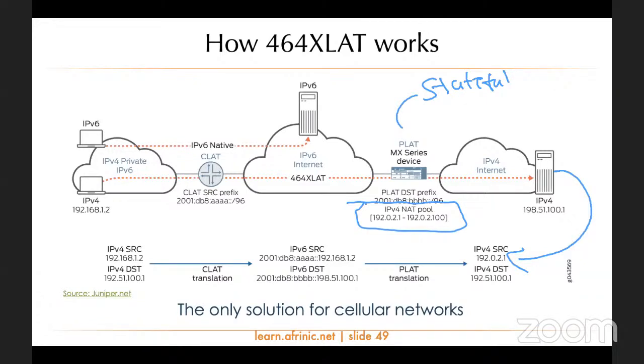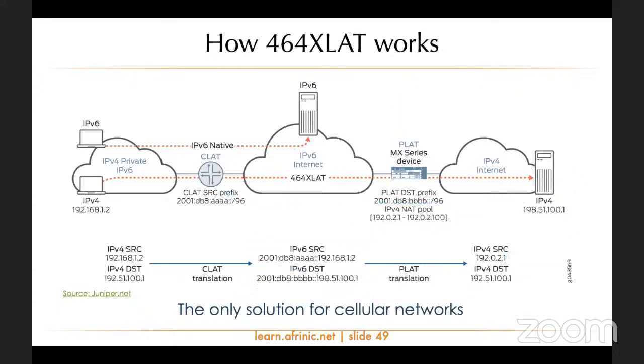For the source address, we use the well-known or network-specific prefix, and then map the source IPv4 address to it. Based on the entries in the NAT table, we're going to build the source IPv6 address and then forward the packet to the relevant CLAT. And then the CLAT is going to translate from v6 to v4.